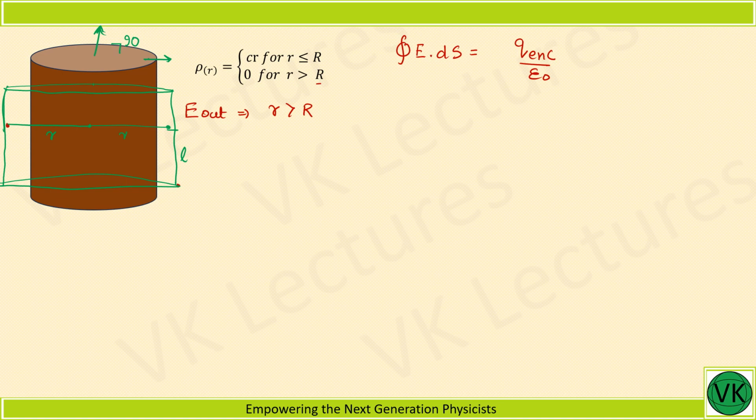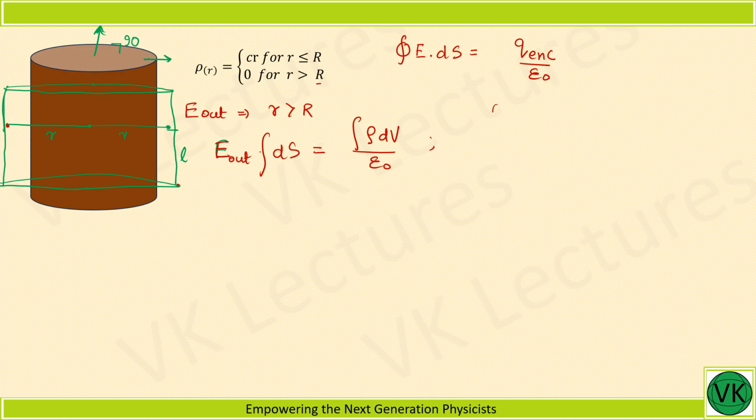So now E out into integral ds equals integral rho dv, that is q enclosed by epsilon naught.